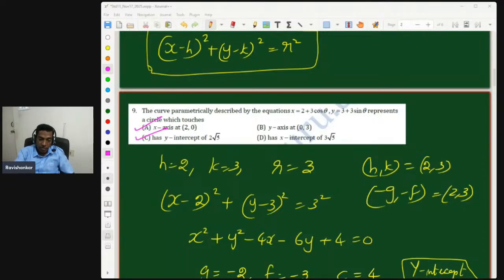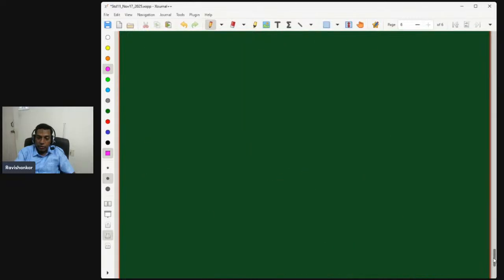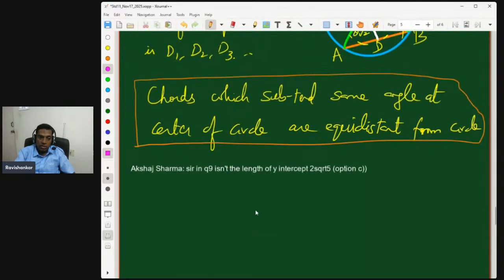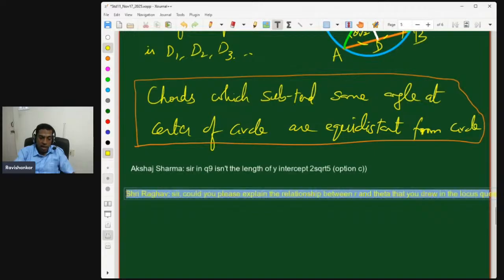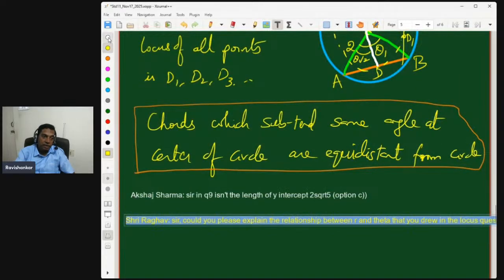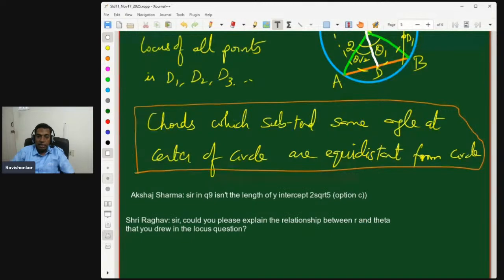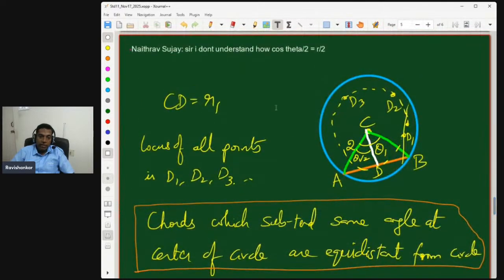Sri Raghav has asked again for the relationship between the locus and the r and theta. I explained it again. See, if you draw a circle slightly bigger, you find that r1 is this distance. If you remove all these locus points, then it becomes easy to understand.